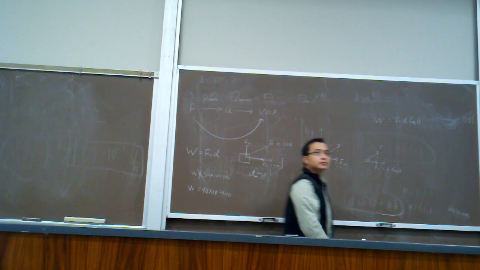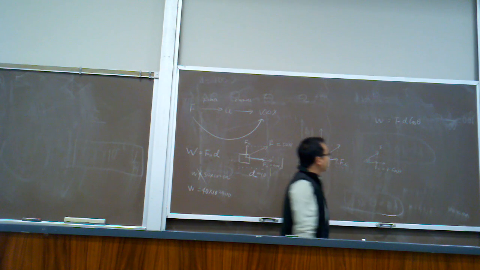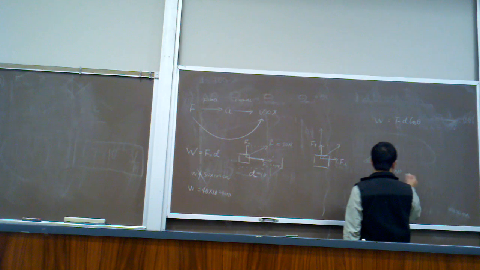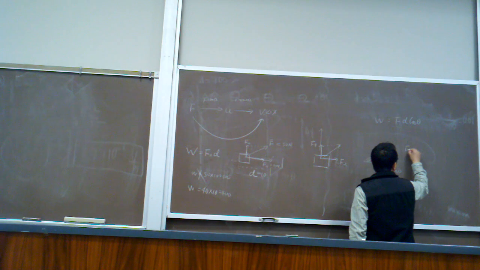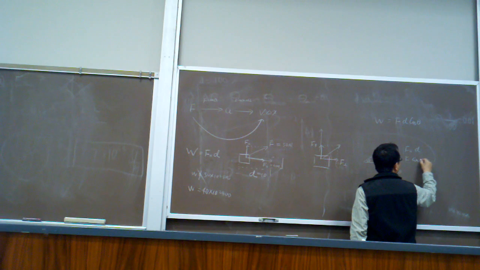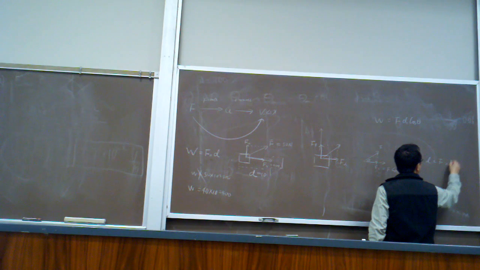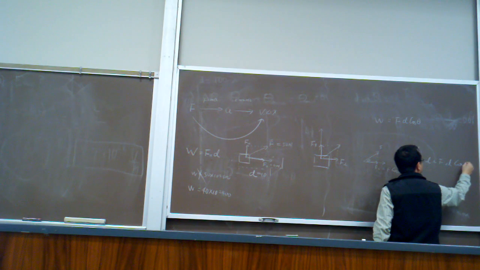So F parallel multiplied by D equals F cosine theta multiplied by D.